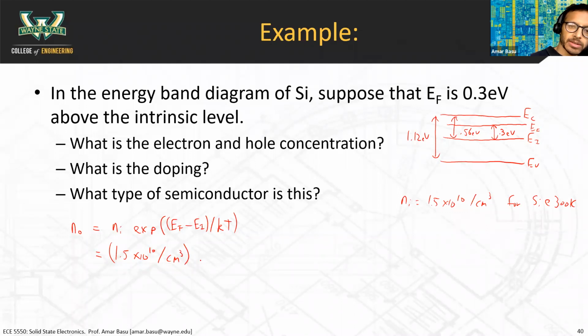And this becomes an exponential of EF minus EI. EF is positioned 0.3 electron volts above E sub I. So this becomes 0.3 electron volts divided by KT, which is 0.026 electron volts at room temperature.